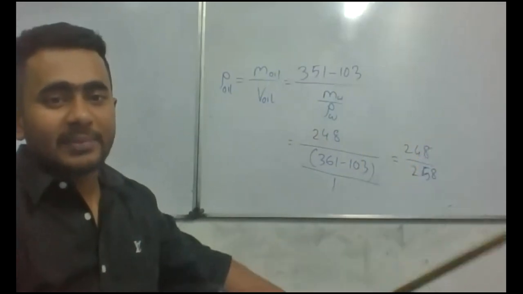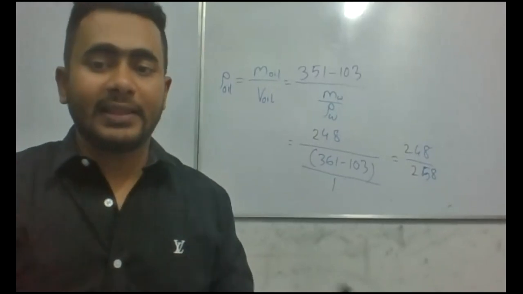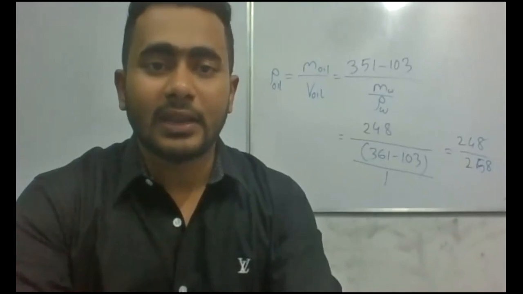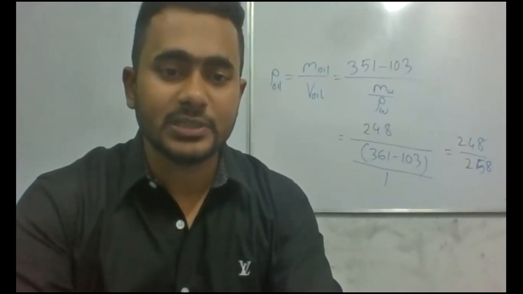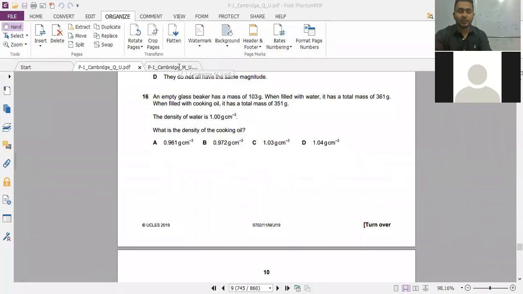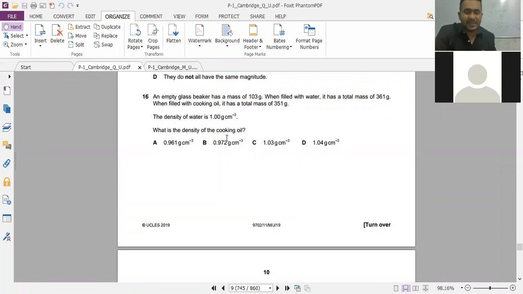So 248 by 258 এর যে ভ্যালু আছে এটাই আমাদের এখানে কারেক্ট অ্যানসার হওয়া উচিত, and thereby as per the mark scheme, let's say it is 0.96 something. আমি একটু দেখে আসি মার্ক স্কিমে আপনাদের অপশন কি ছিল। Yes, 0.961, so 16 A is the correct answer.